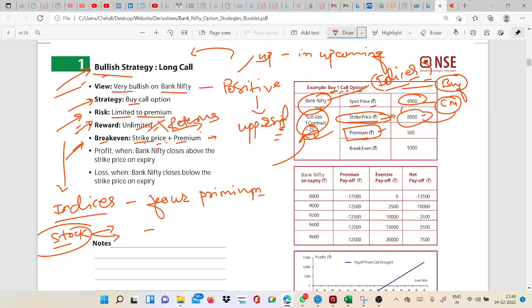But 500 into 25, that you will have to calculate. So this would be per unit, I would say, or per share. Then if you calculate this, 500, 25, 50, 75, 100, something.